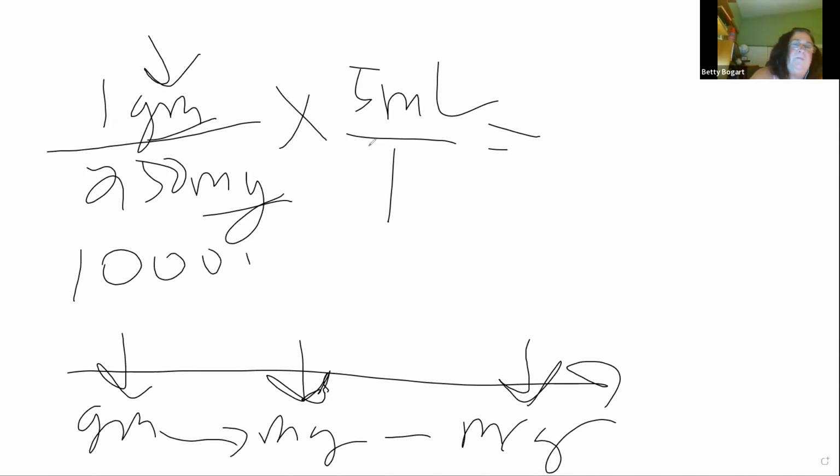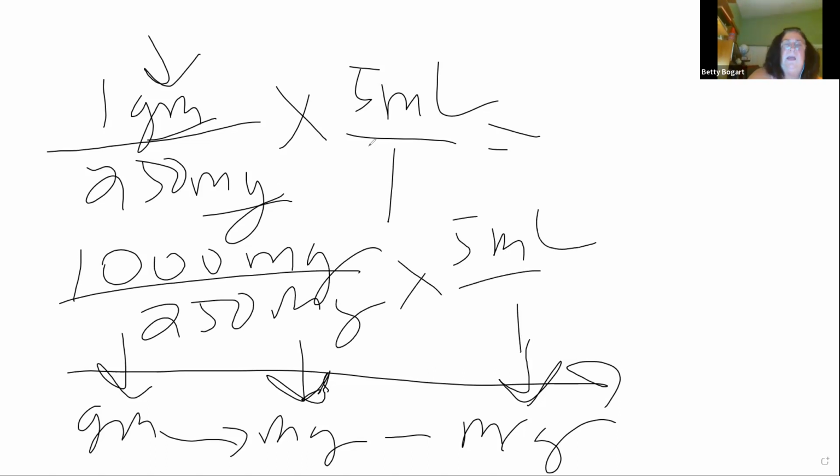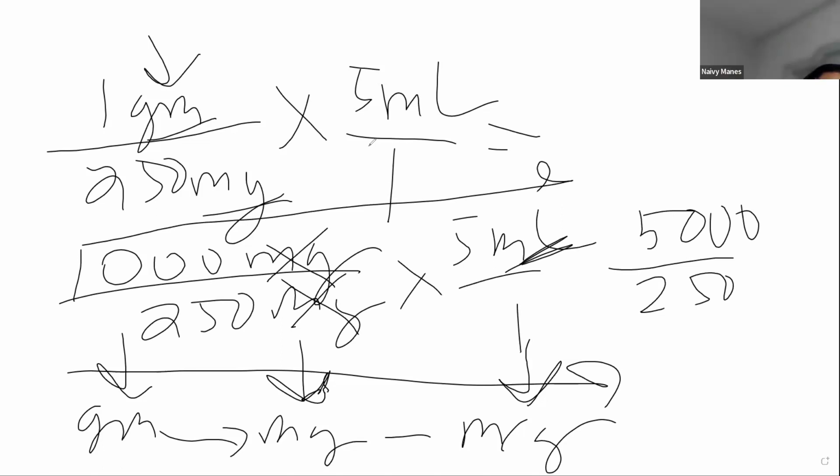So 1,000 milligrams over 250 milligrams. And we know milligrams get crossed off, so we know our answer is going to be mLs. So we put 5,000, multiply the top first, divide it by 250. Good.